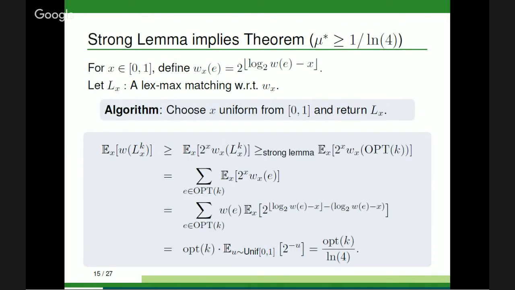You have to say the expected original weight of what you get is at least some constant times the weight of the original optimum. And the weight of the original optimum, if you just round to the next power of 2, you have no control. It could be a factor 2 away. So if you do it deterministically, you could lose a factor of 2, and you don't want to lose this factor of 2.